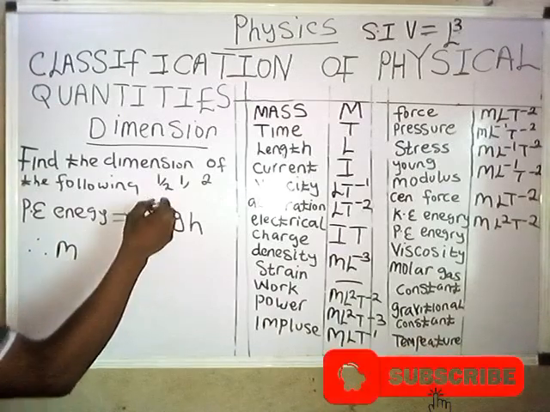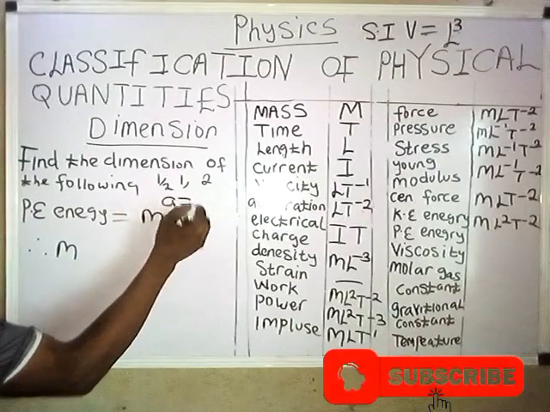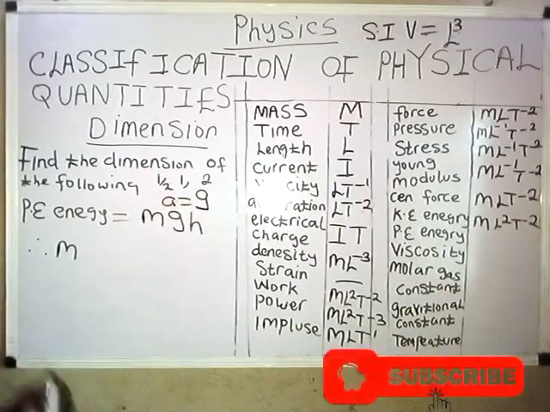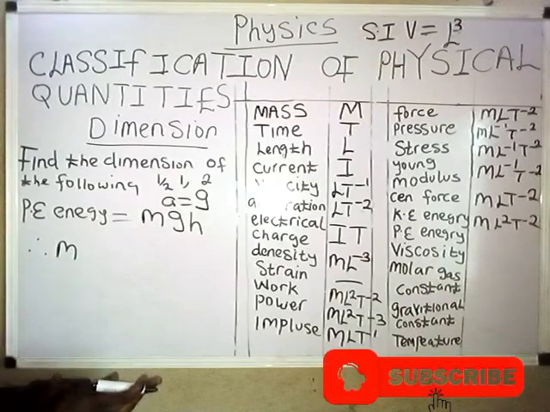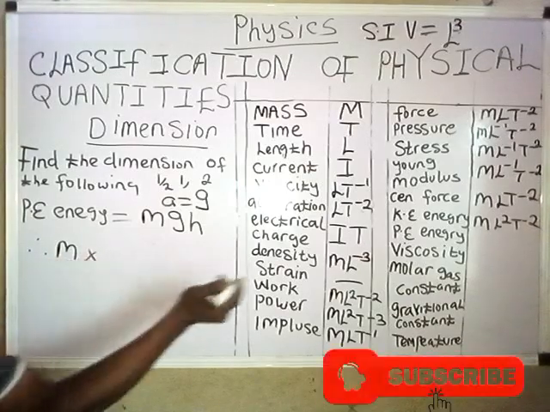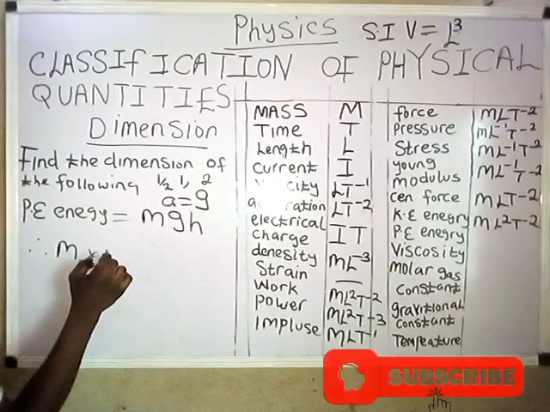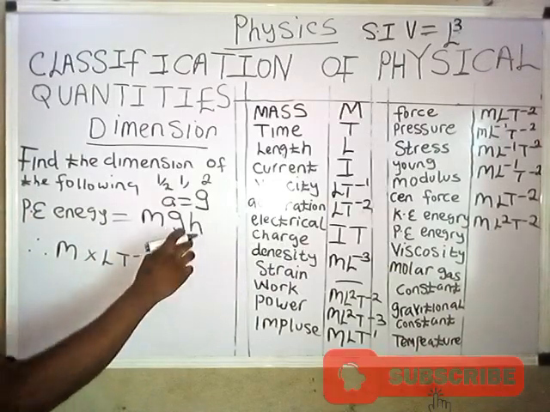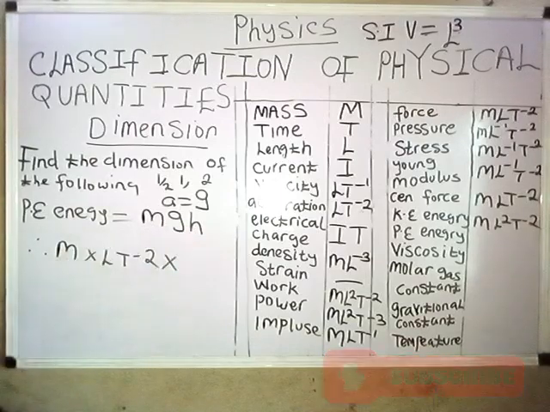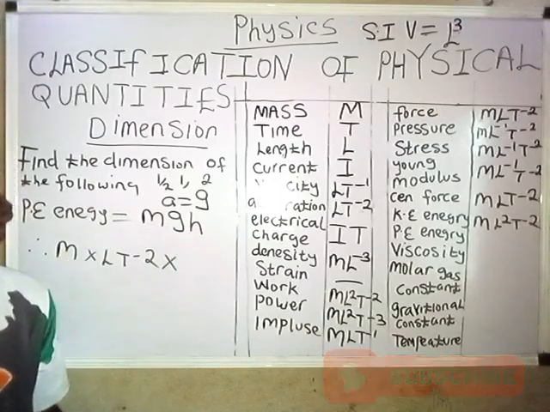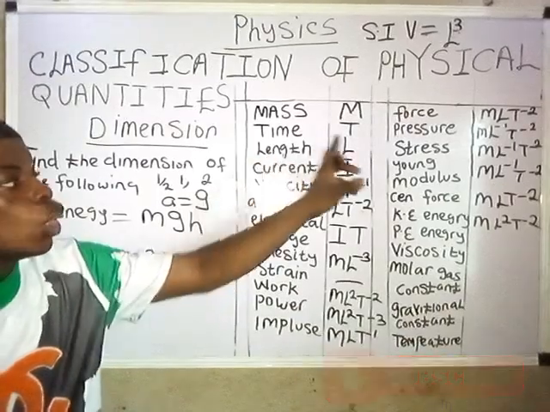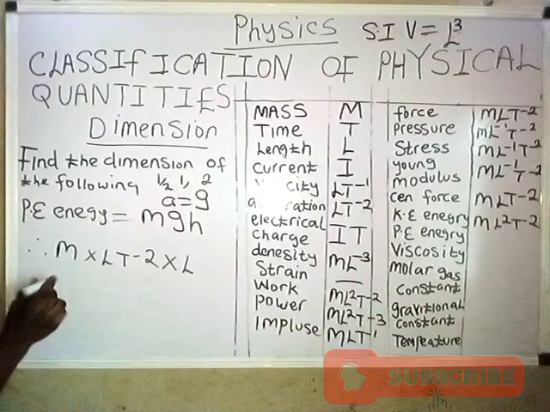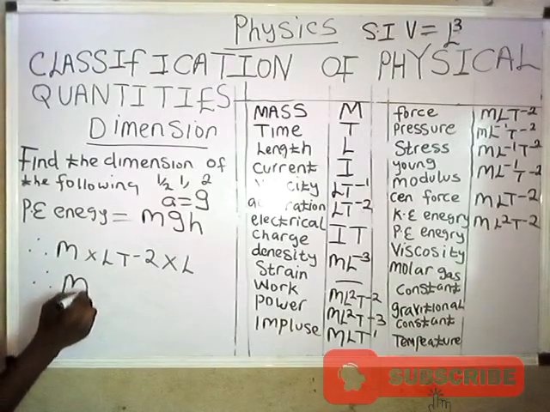We can say that acceleration is equal to acceleration due to gravity. They have the same SI unit, so they have the same dimension. So times, from the table below, L t to the power minus 2, times what is h? H is height. The SI unit is meter, so it coincides with length, which is L.